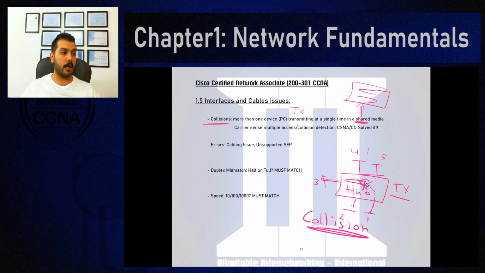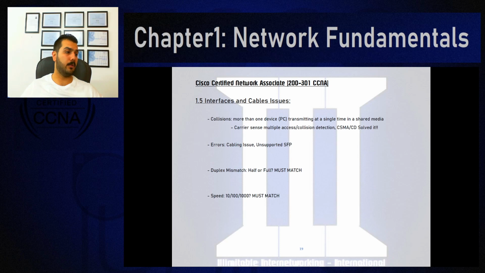Data will collide, and PC5 will have no idea that its data collided and was dropped and did not reach device 2, because devices 1 and 3 are transmitting at that time. This is the collision that used to happen in the hub environment.